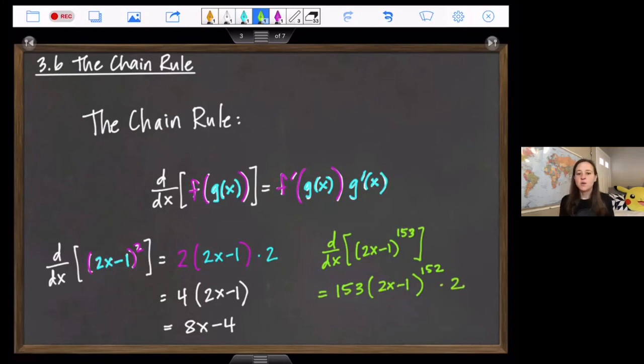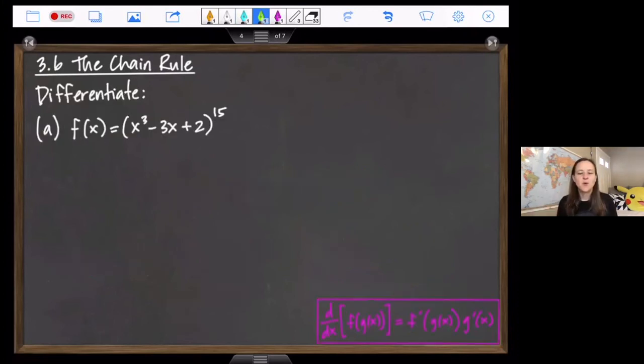So that was no harder than taking the derivative of 2x minus 1 squared. We would just have to multiply 153 by 2, so that'd be 306. So we'd have 306 times 2x minus 1 to the 152 power, and it has saved us needing to FOIL something out 153 times. Let's try one more in this video.